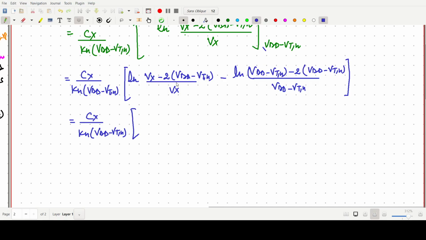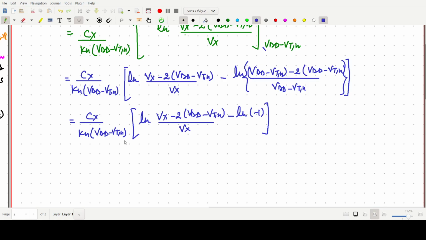This value will be the same, and this value will be A minus B and A minus B. So if we solve, one more VDD minus VTN, because VDD minus VTN minus twice. So minus (VDD minus VTN) minus VDD... This VDD minus VTN in both the numerator and denominator will cancel out. So it should be minus 1.